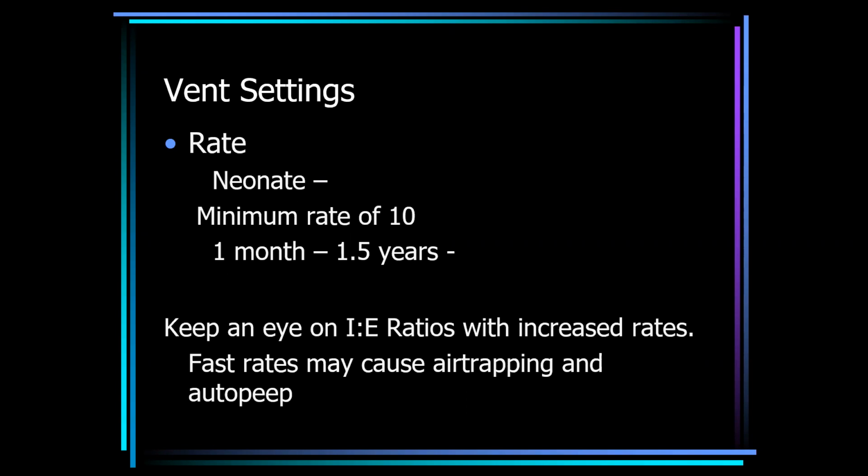Next, we get into ventilator settings. So with respiratory rate in a neonate, it leaves it blank. And your starting respiratory rate for a neonate is 40 breaths per minute. 40 breaths per minute is the same rate that we use if we have to ventilate an infant with bag valve mask.